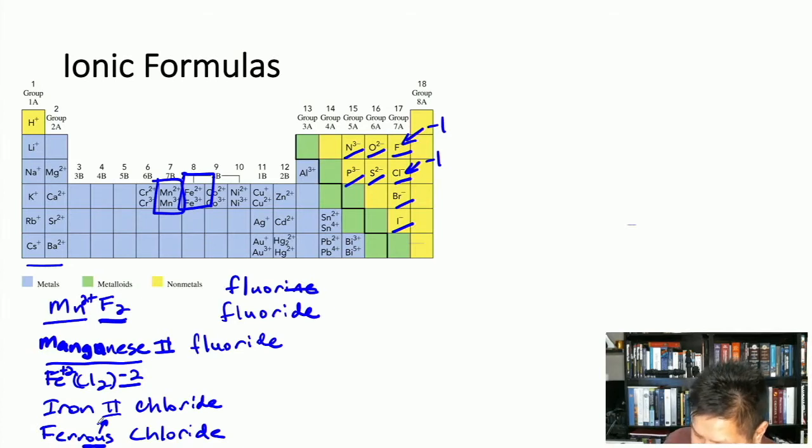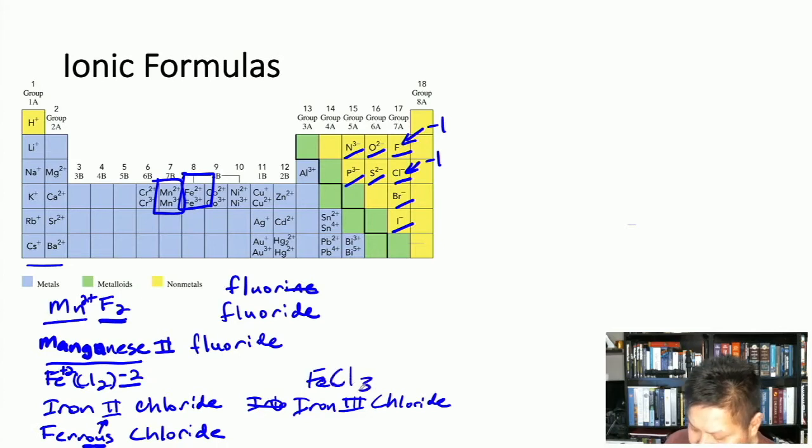If there's a 3+ charge, so iron 3 chloride, which has the formula FeCl3. Sorry, had a little brain fart there.